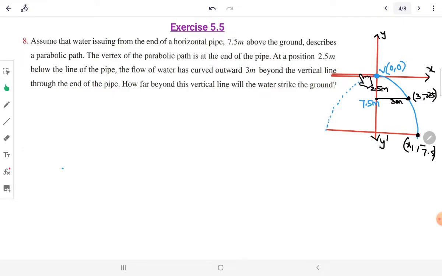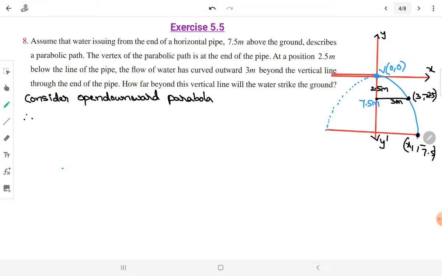Since it is an open downward parabola, consider the open downward parabola.